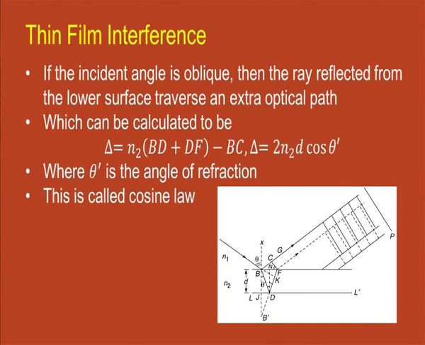As you can see, the extra optical path delta is equal to n2 multiplied by (BD plus DF) minus BC, and this will eventually give us delta is equal to 2 n2 d cos theta prime, where theta prime is the angle of refraction, and this is called the cosine law.